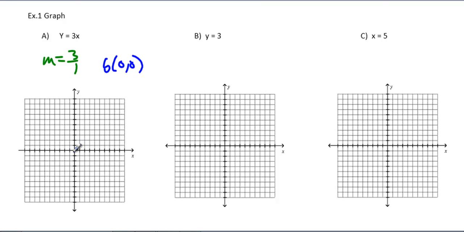So we put a dot on (0, 0), and from there we go up 1, 2, 3 over 1, up 1, 2, 3 over 1, up 1, 2, 3 over 1. We also go the opposite way, down 1, 2, 3, backwards 1, and again. Then we draw our line.